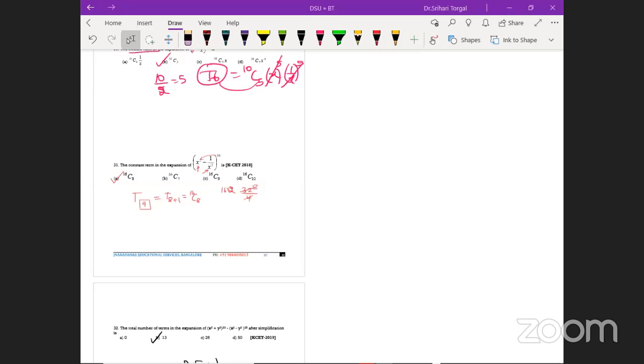In the next session, we'll take up trigonometry, right? And then straight lines.